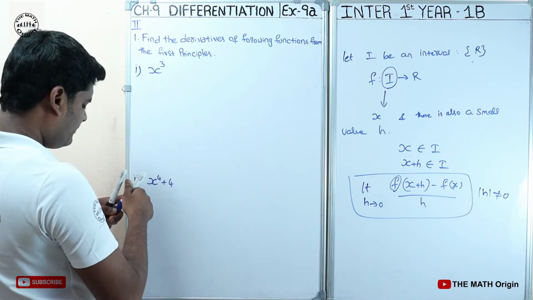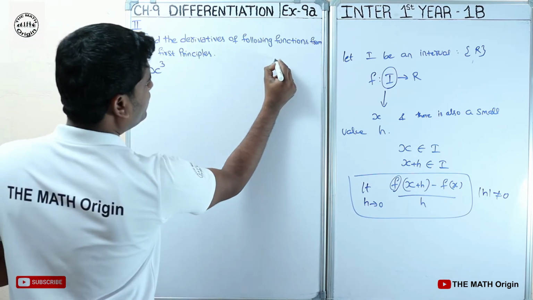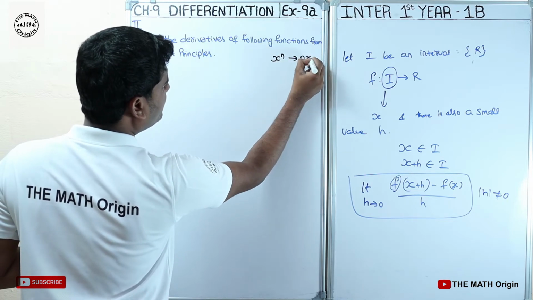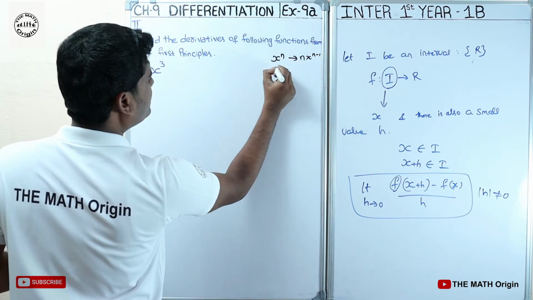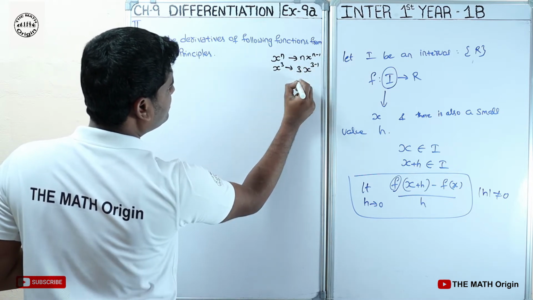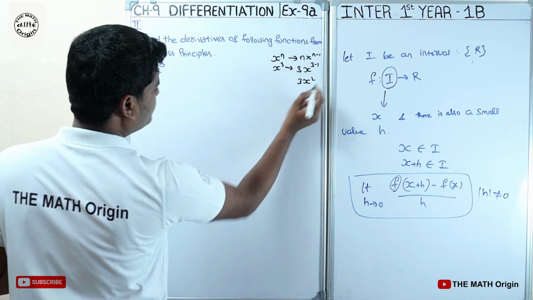But in general, the derivative of x power n is n into x power n minus 1. According to that, x cube gives 3 into x power 3 minus 1, which is 3x square.